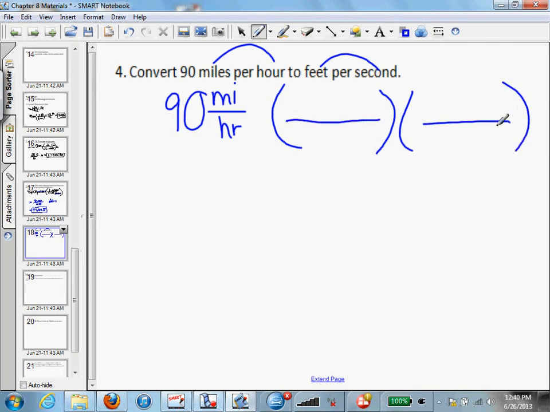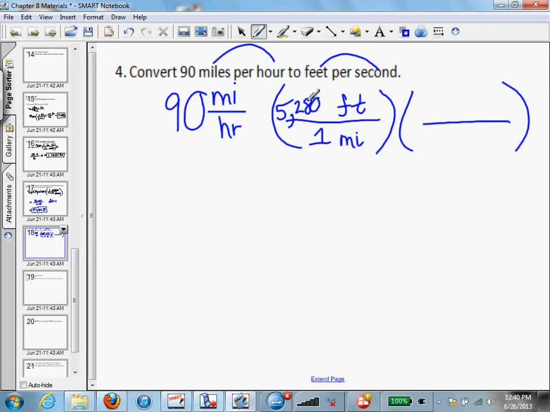So we want to get rid of these miles by turning them to feet. So to get rid of the miles, put that on the bottom and have feet on top. And how many feet are in 1 mile? There are 5,280 feet.